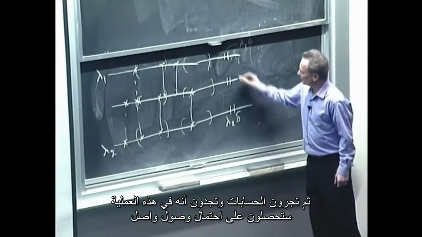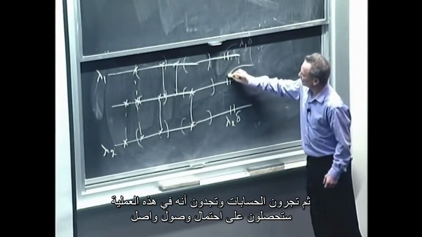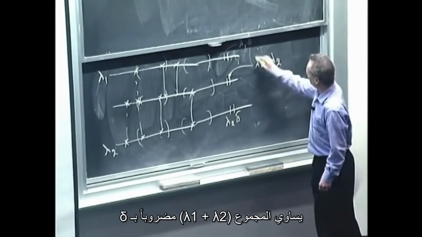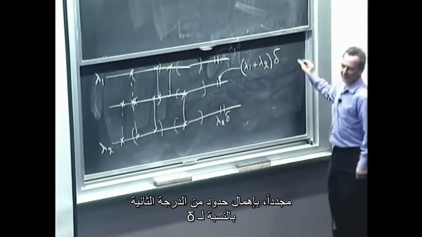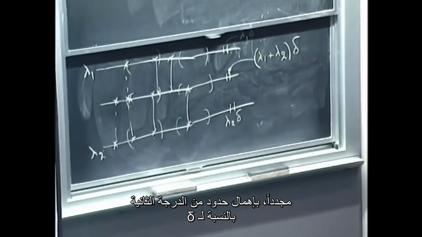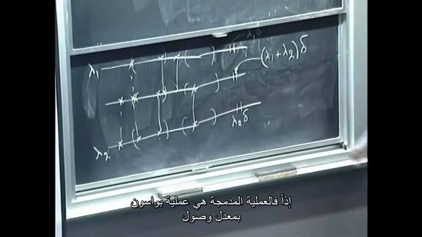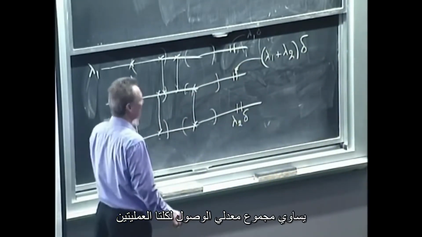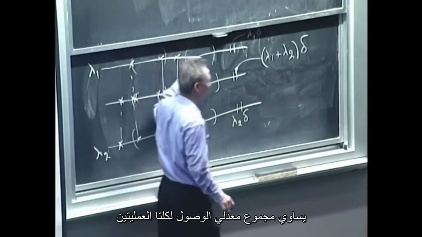And then you do the calculation and you find that in this process, you're going to have an arrival probability which is lambda 1 plus lambda 2 times delta, again ignoring terms that are second order in delta. So the merged process is a Poisson process whose arrival rate is the sum of the arrival rates of the individual processes.